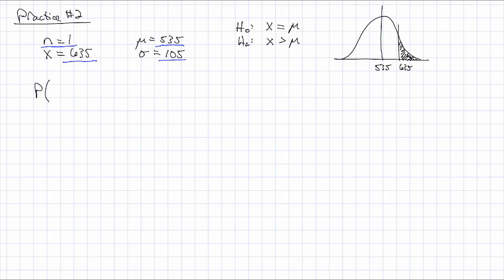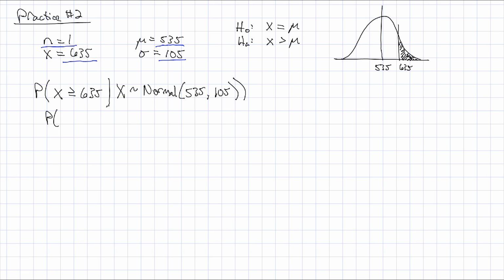For this, we want to know the probability that we would get a value that's greater than or equal to what we actually get if our skunk follows a normal distribution with a mean of 535, standard deviation of 105.